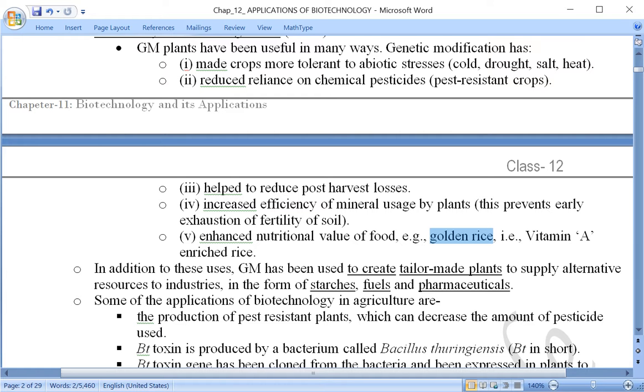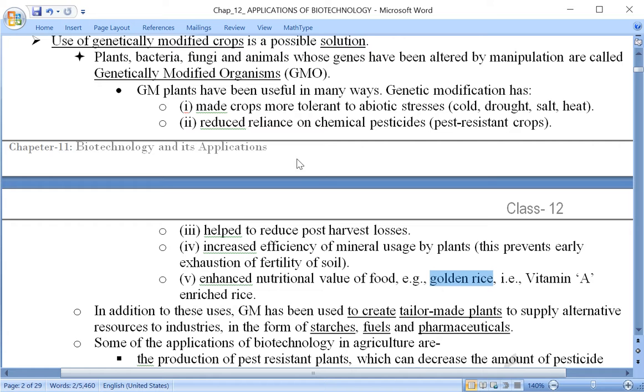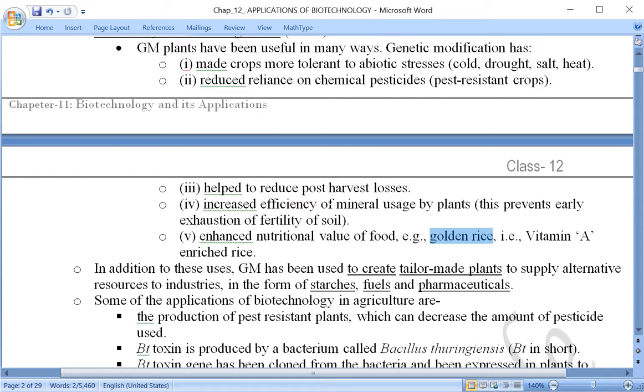Now, we have discussed how genetically modified plants have been useful. In addition to this, it is now possible, or it has already been in use, to create tailor-made plants.